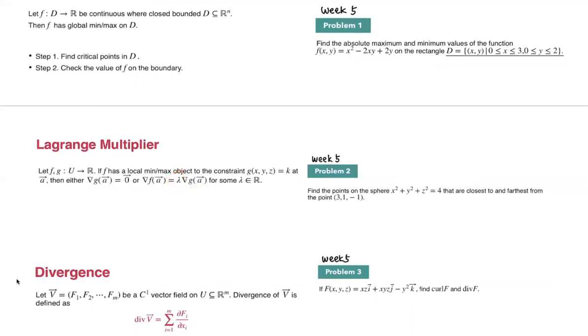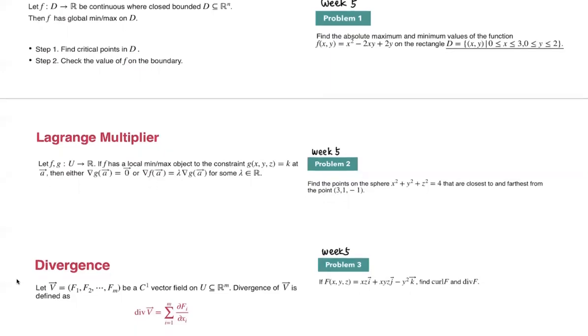So if we say that gradient g is not 0, then this equation must hold. So we can find the points where the minimum and maximum are obtained by solving this equation.